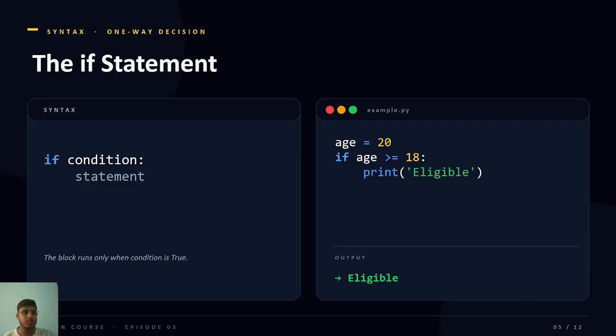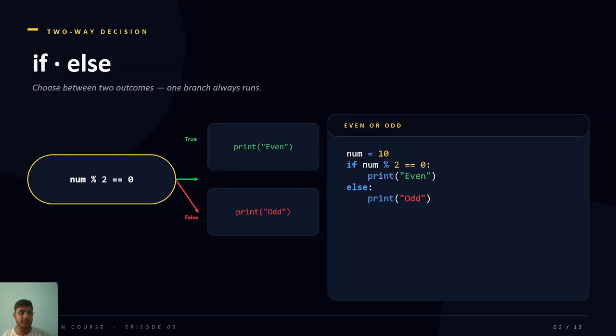Now, let's come to the if else statement. Sometimes we want Python to do one thing when the condition is true and another thing when it is false. For this, we use the if else statement.